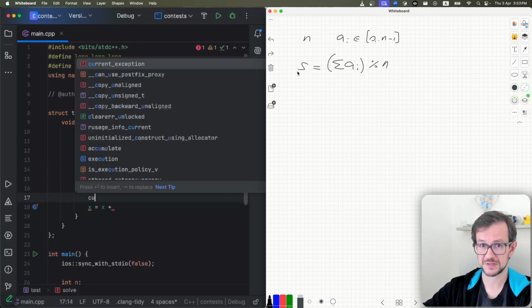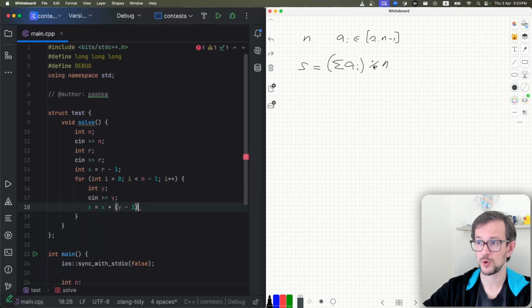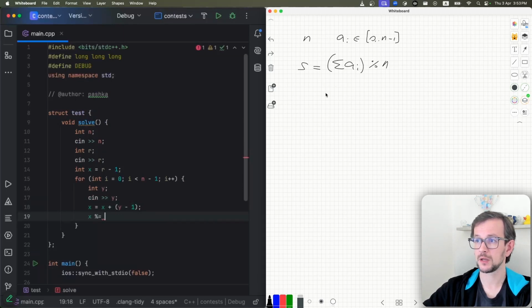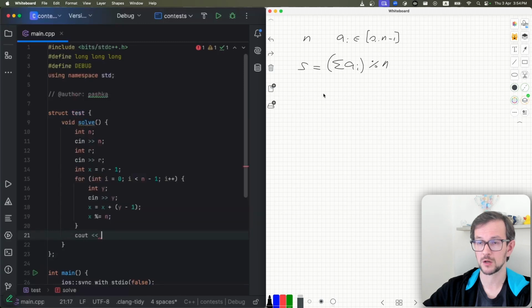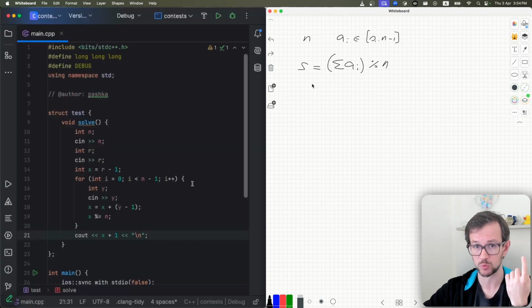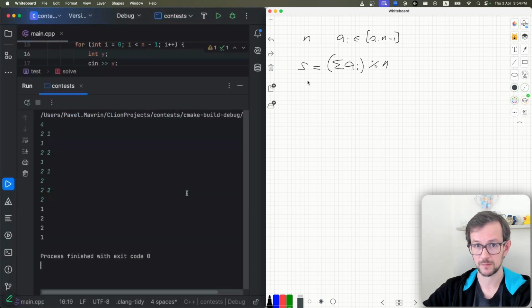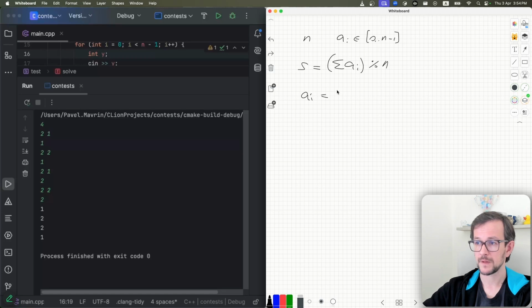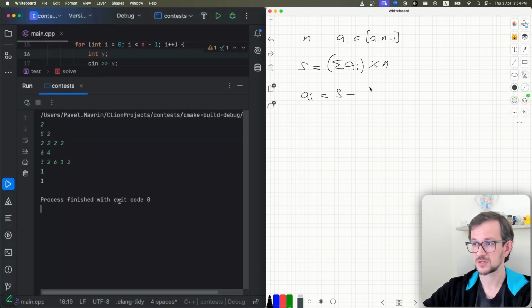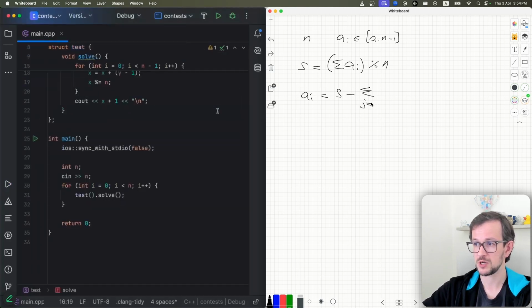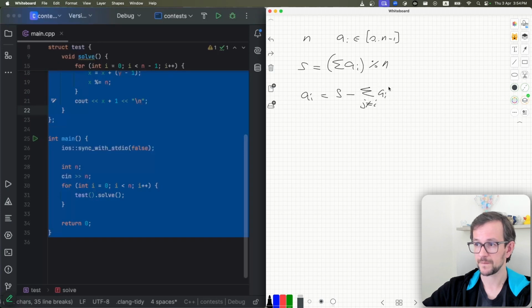If we know this sum, we can calculate our number. If we know all numbers except one, we can find this number. So each number a_i will be s minus the sum of all a_j for j not equal to i, modulo n.